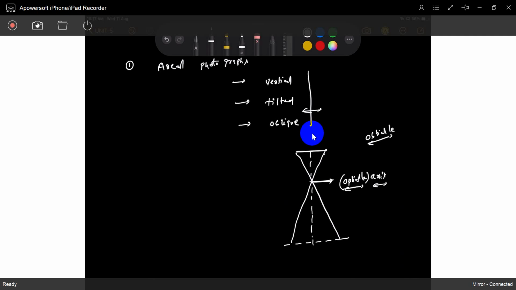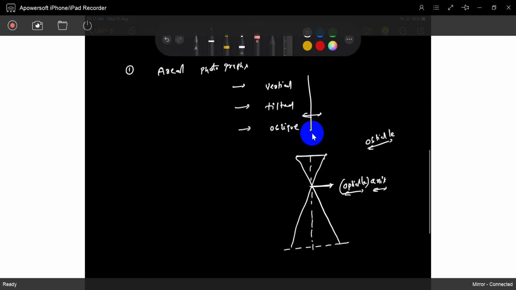If you're using visible light, we call it optic. Any lens used for visible light, we call it optical. So with the optical lens, if the optical axis is exactly perpendicular to the ground, it is called a vertical photograph.